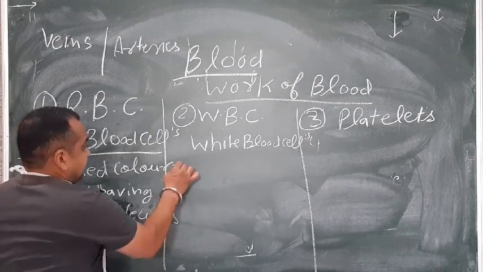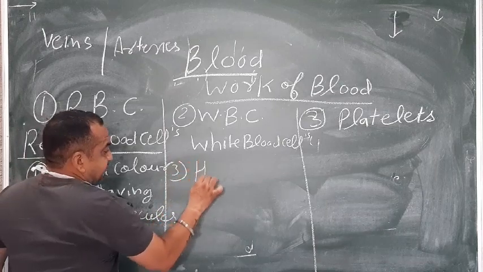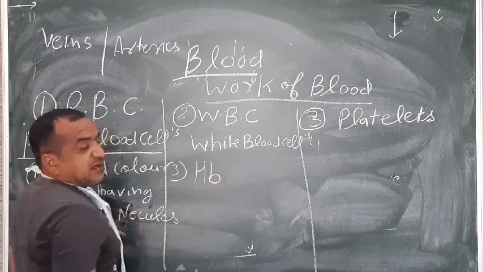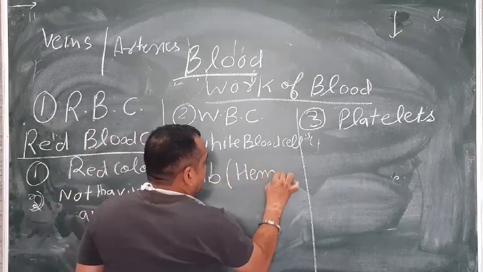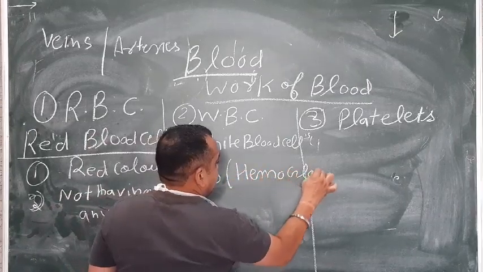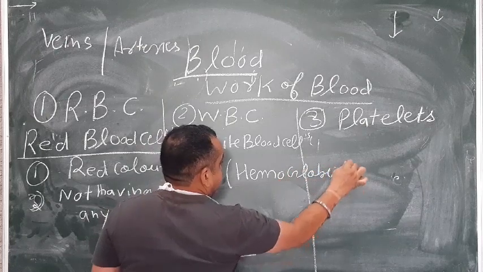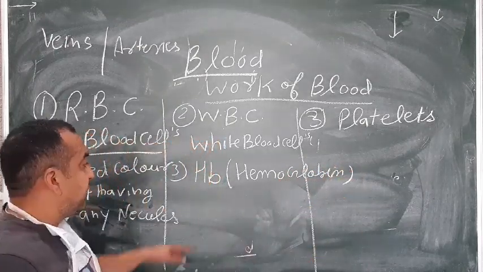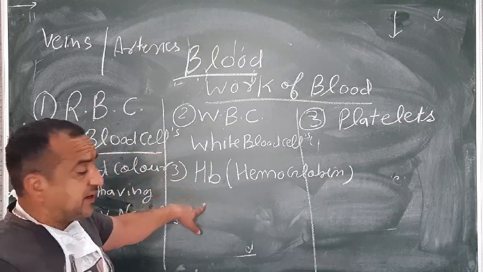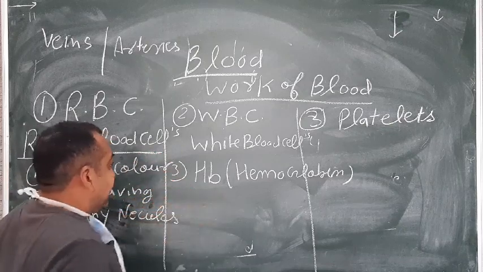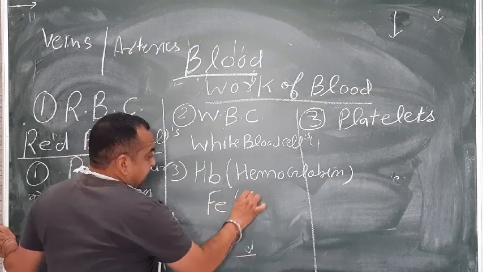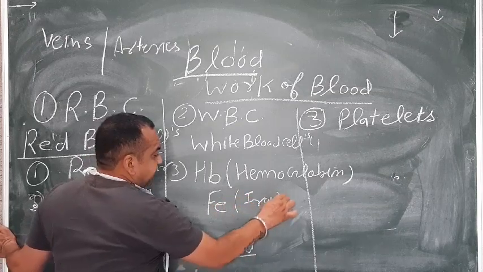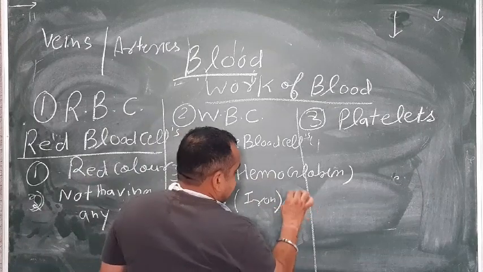Third, the red color is due to HB, which means hemoglobin. The red color of red blood cells is because of hemoglobin. It contains Fe, meaning iron, present in RBC.